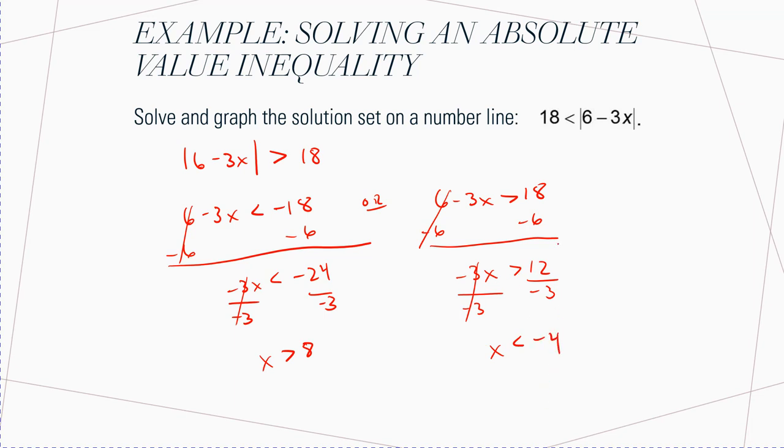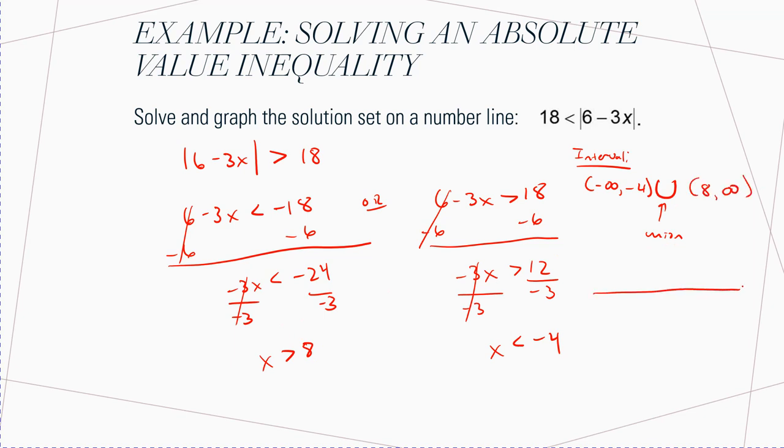All right, so I'm going to show you how to show this in interval notation. So it's all numbers less than negative 4, so everything from negative infinity to negative 4. And then using set notation, you'd union with all numbers greater than 8, so from 8 to infinity.